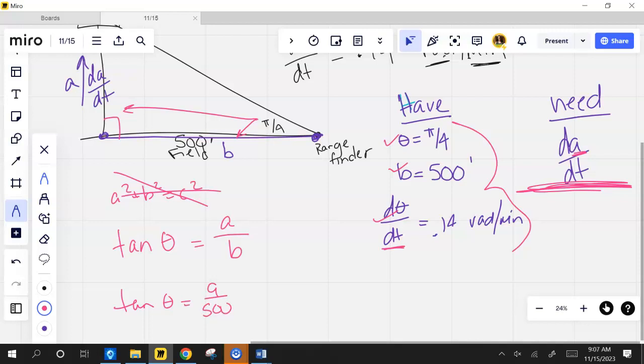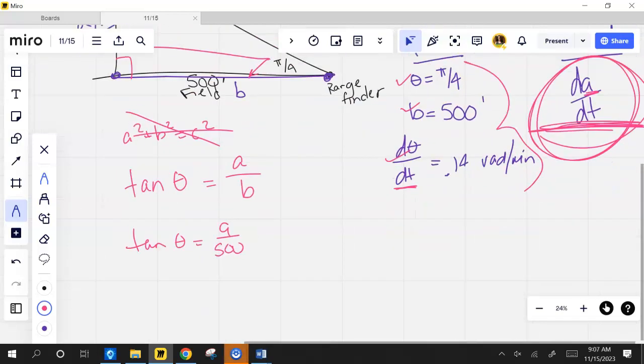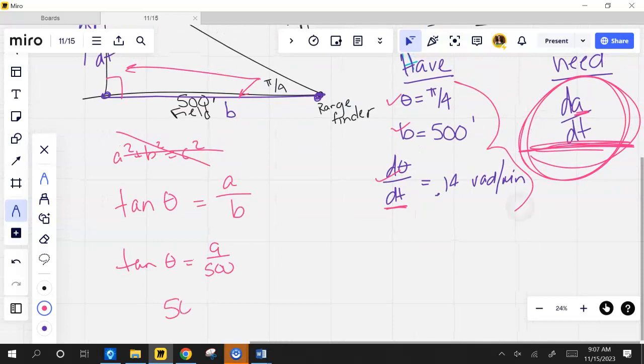Now, look at what I need. I'm doing all this so that I can find this. What could you do? Multiply by 500 on both sides. So I get 500 tan theta equals A. Now what? Well, so here's the thing.